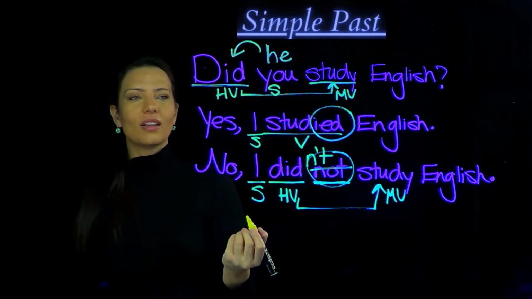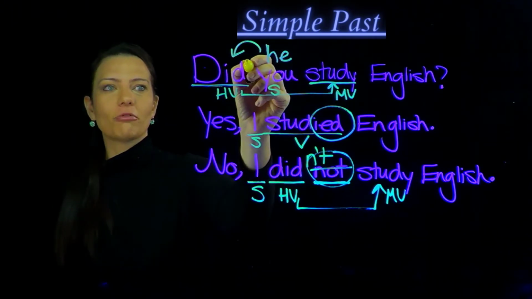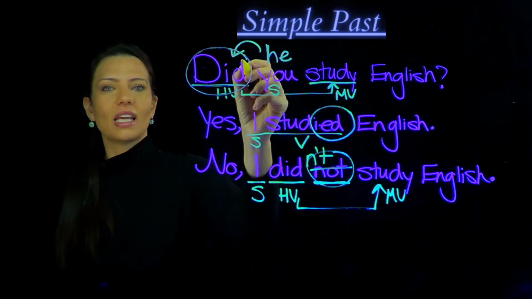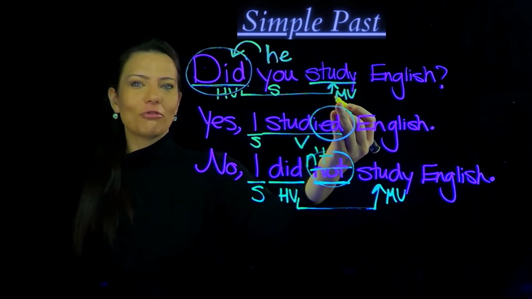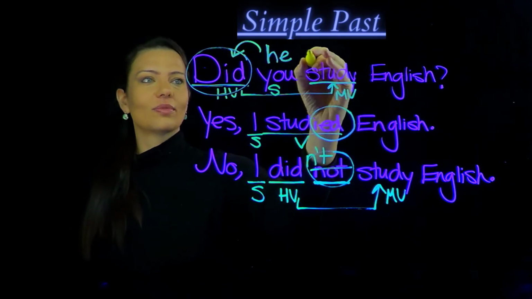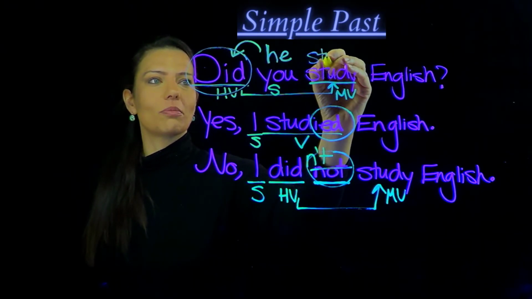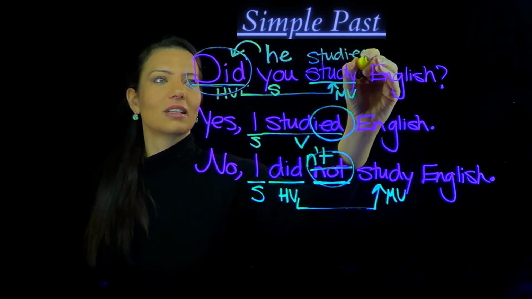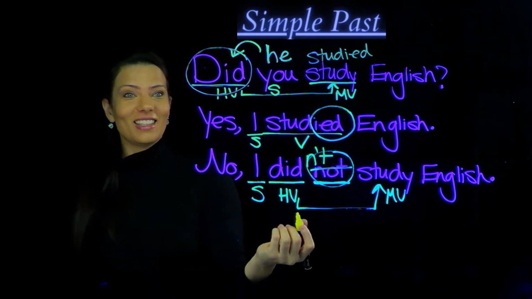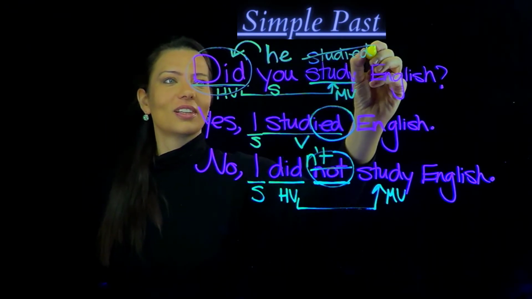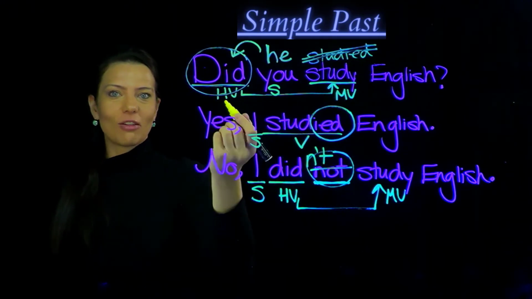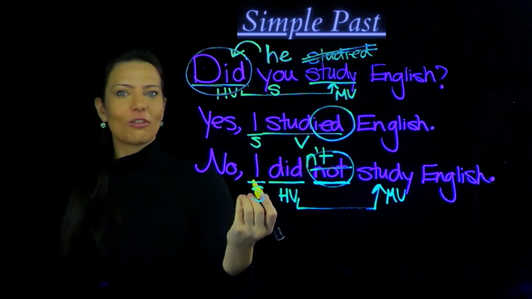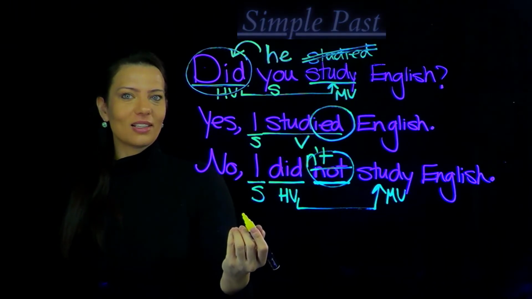Now, the interesting thing about this helping verb is that it changes for tense, but the main verb does not change for tense. So I wouldn't write something like this. Did he studied English? No. Remember, it's only the helping verb that changes for tense and changes for subject if necessary.